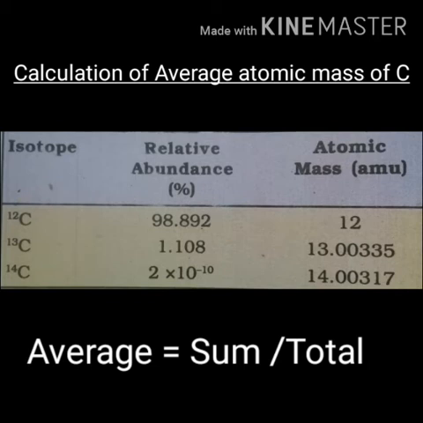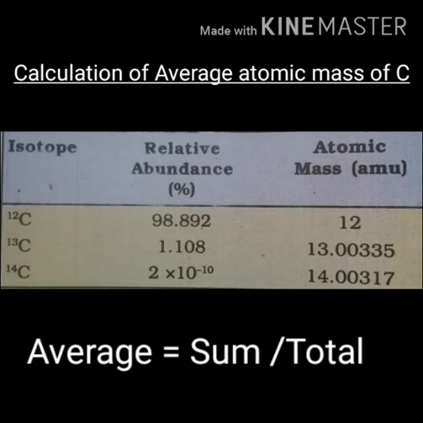So here, by considering the relative abundance, we can find the sum of atomic masses, and the number of items will be the total abundance, that is 100%.